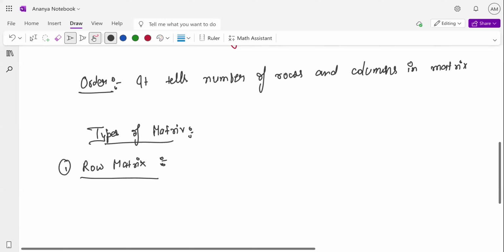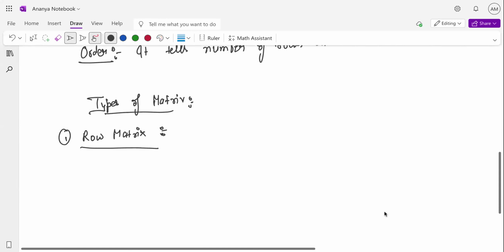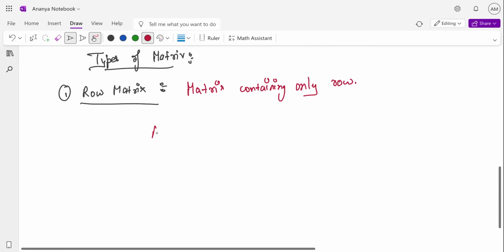So if I say something like this, a matrix containing only rows, it means there will be a matrix called A, and it will look like this. The entries can be A, B, C, and so on. Now, if you see, you have one row, two rows, three rows, right? But there's a default one column, right?